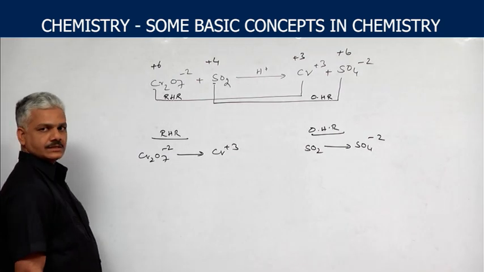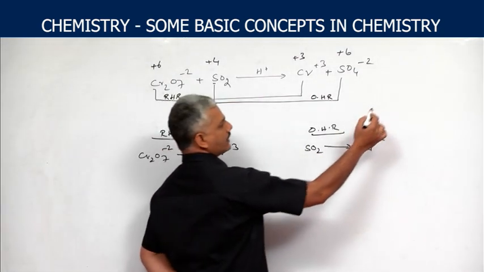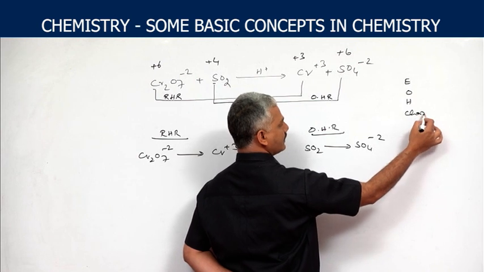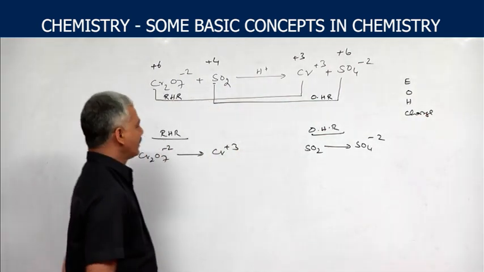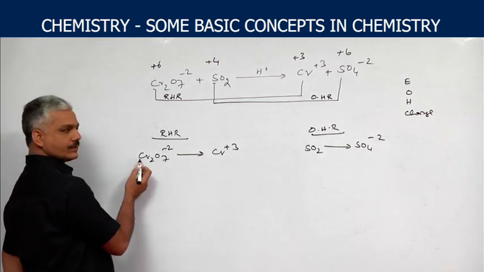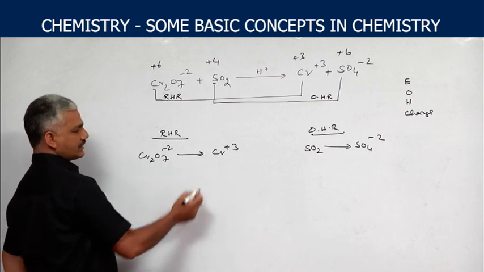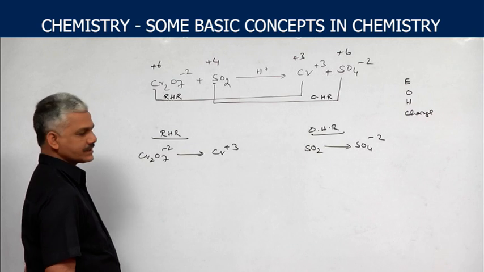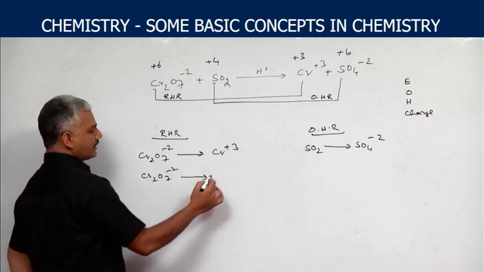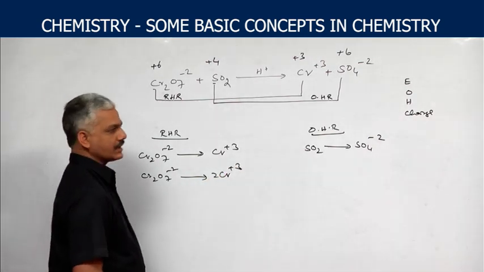while balancing these half reactions, the sequence to be followed is element first, then oxygen, hydrogen, followed by charge. In this half reaction, the element other than oxygen and hydrogen present is chromium. On the reactant side, 2 chromium atoms are present, whereas on the product side only 1 is present. So multiply the product side by 2, then the element is balanced.